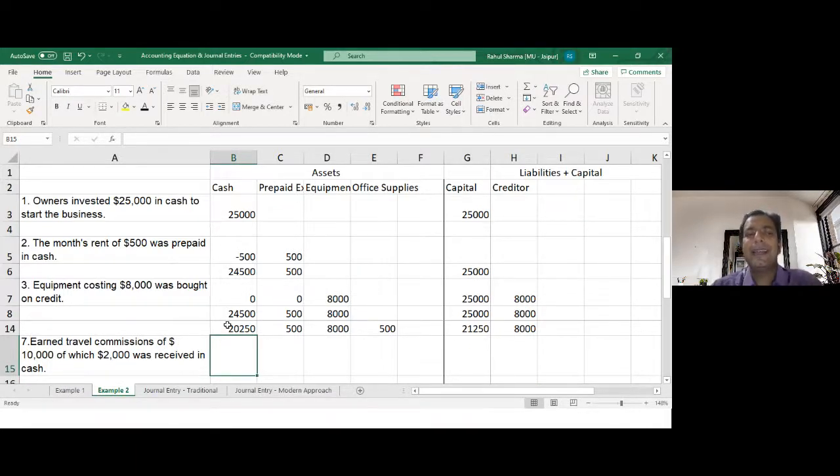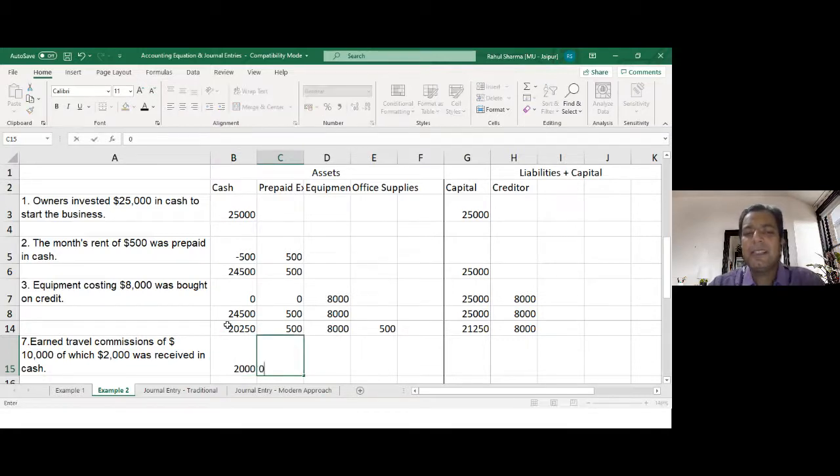We move next, and the next one is where we earned a commission of $10,000, of which 2,000 was received in cash. So we still need to receive 8,000, right? And 2,000 has been received in cash. So as we have received cash, my cash increases by 2,000.